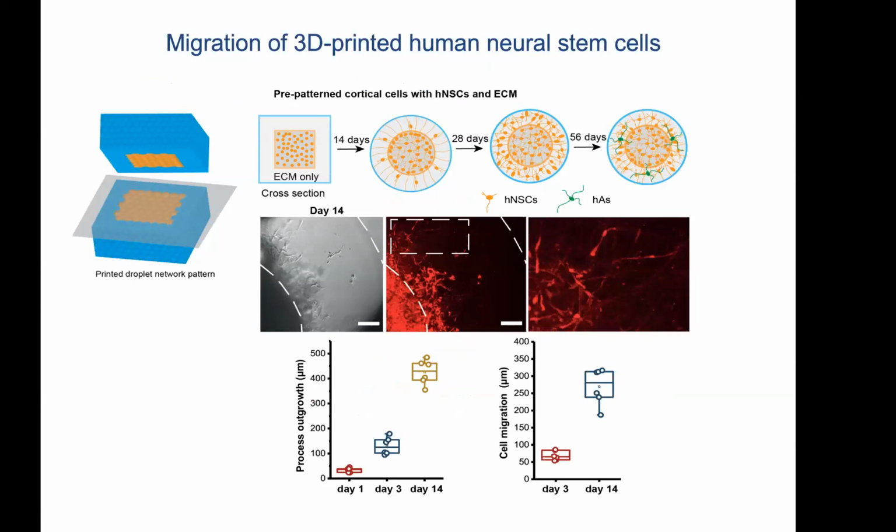The cells will migrate. So if you print the cells surrounded just by extracellular matrix, the cells will first put projections into the matrix, and then after about a month, they will start actually migrating along these projections into the matrix and fill this outer layer that was originally just ECM.